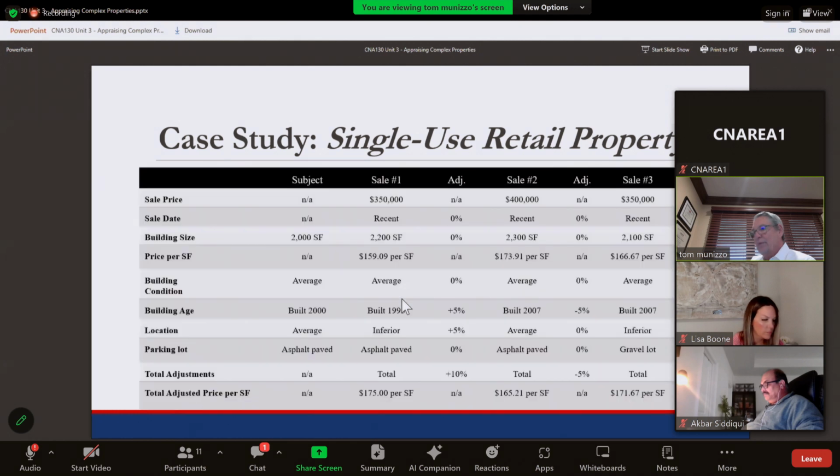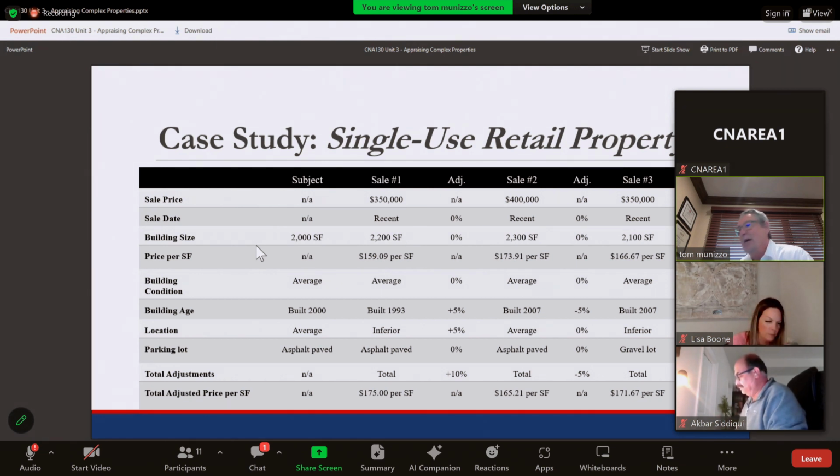So you were given all this, and you want to write in all that information here. You can see it; I just put it up on this PowerPoint slide. So we have it all gridded out: 350, 400, 350, recent sale date. Building size, nothing.